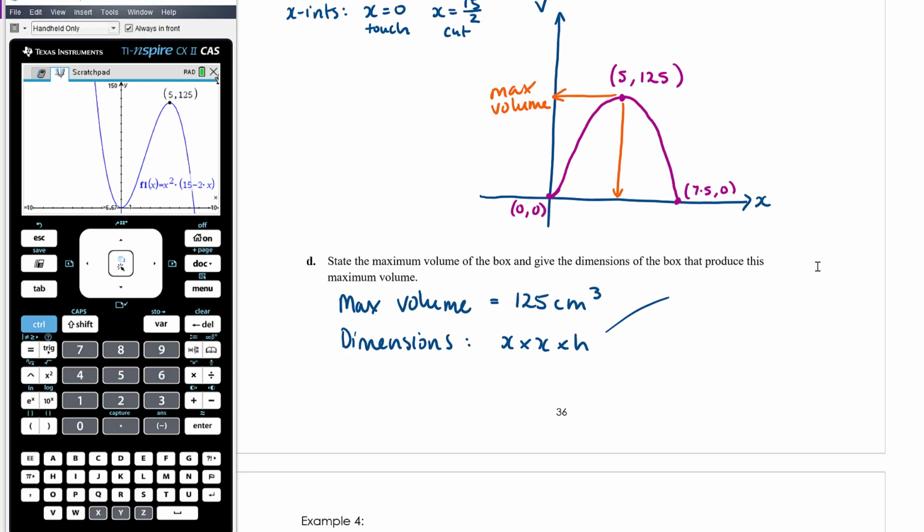Again, noting that h was 15 minus 2x, so that's 15 minus 2 times 5, 15 minus 10, so 5. So the dimensions are 5 centimeters by 5 centimeters by 5 centimeters. Sorry, not maximum dimensions, dimensions that give maximum volume.